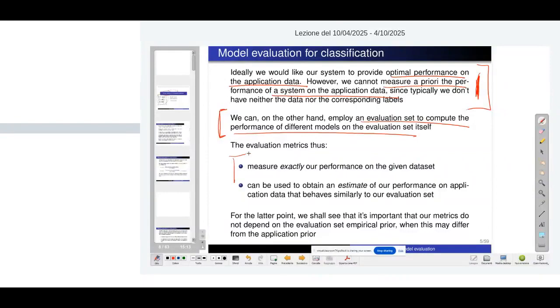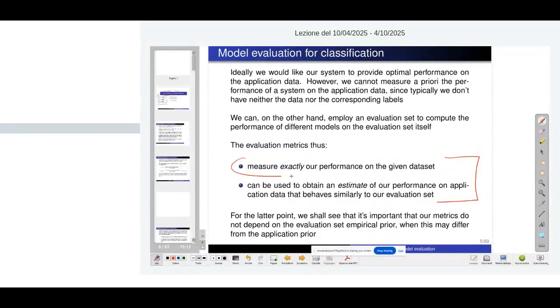And we will see that we can give two interpretations. Probably we will not need to go into the details of the two interpretations, but what are the interpretations of the evaluation metric?